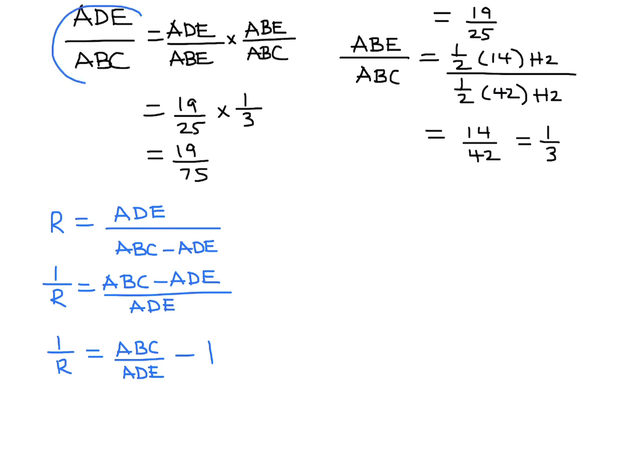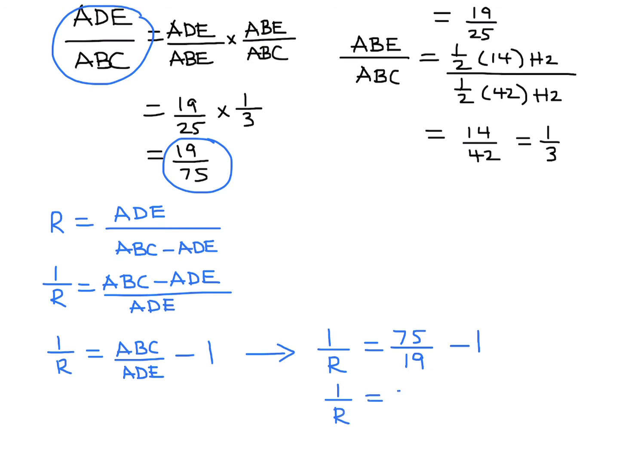So ADE over ABC I just got was 19 over 75. So if you flip it like that, 1 over R is 75 over 19 minus 1.